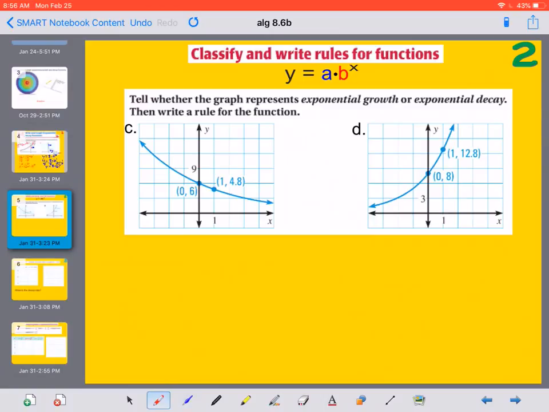Next one, this is going down, so this is a decay function. So I know that my b is going to be between 1 and 0.